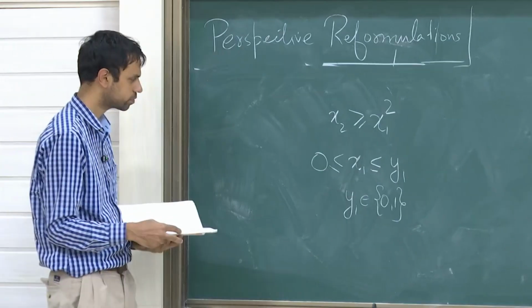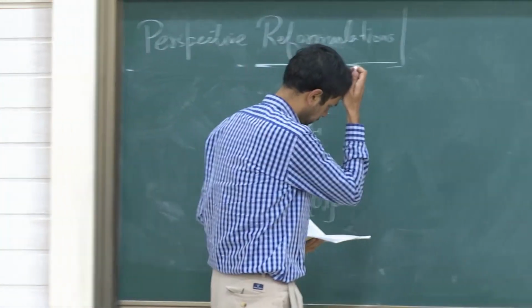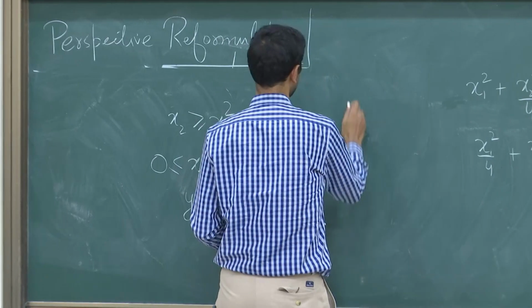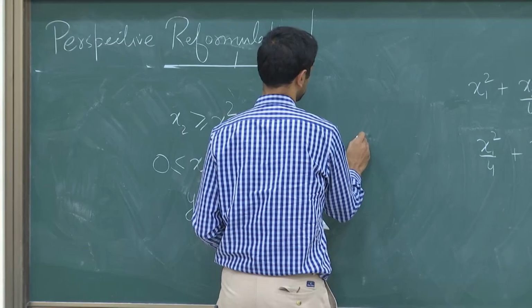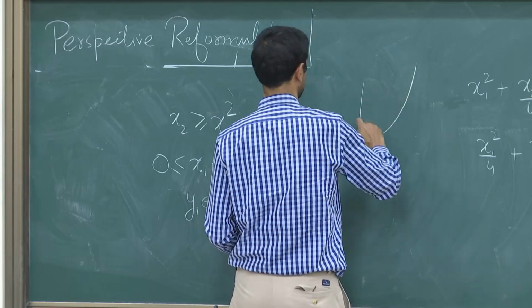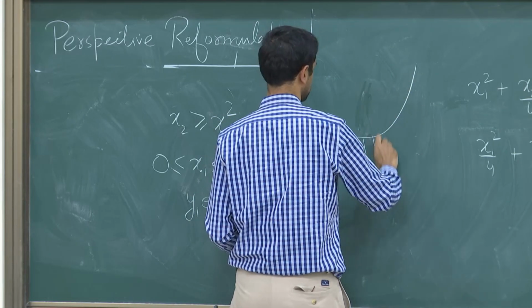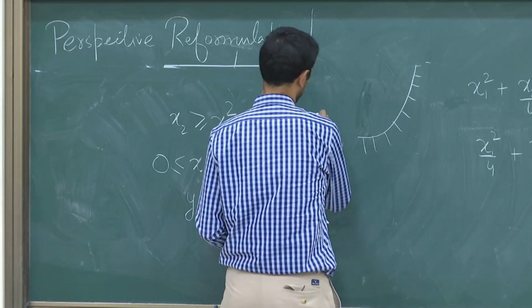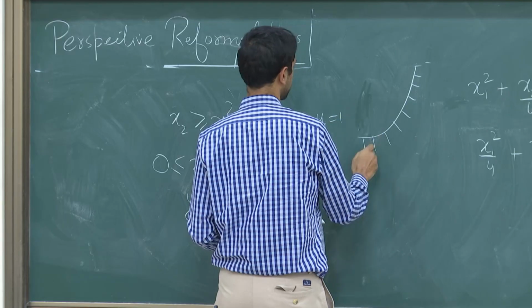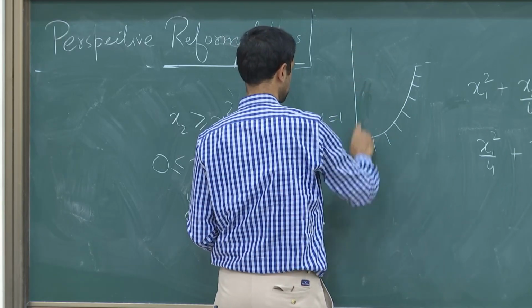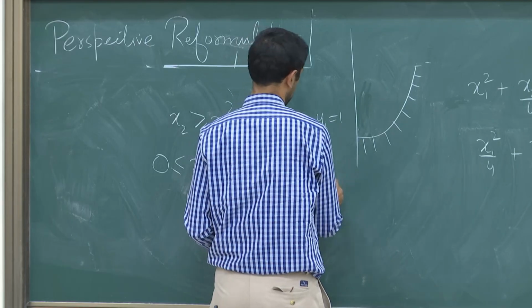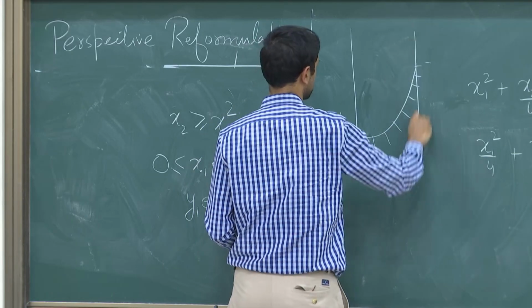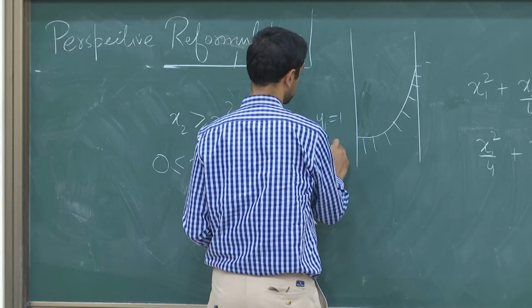So at y1 equal to 1, I have this feasible region.